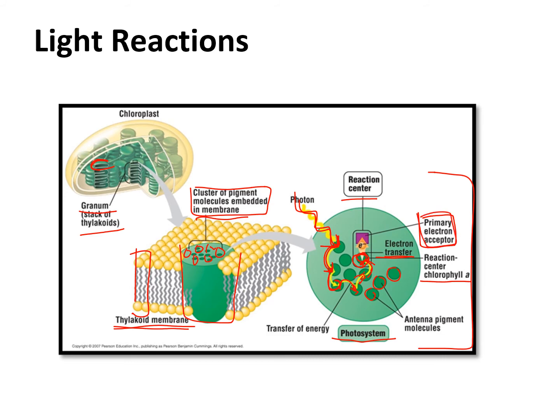And this occurs constantly when the chloroplast is exposed to light, because many different photons are coming in and interacting with many different pigments, and all of those pigments are absorbing the light energy and funneling that energy down to that reaction center chlorophyll, and all of that energy is transferred to a primary electron acceptor.